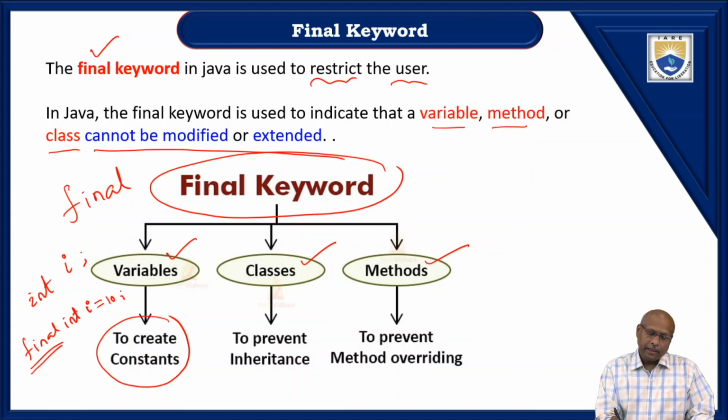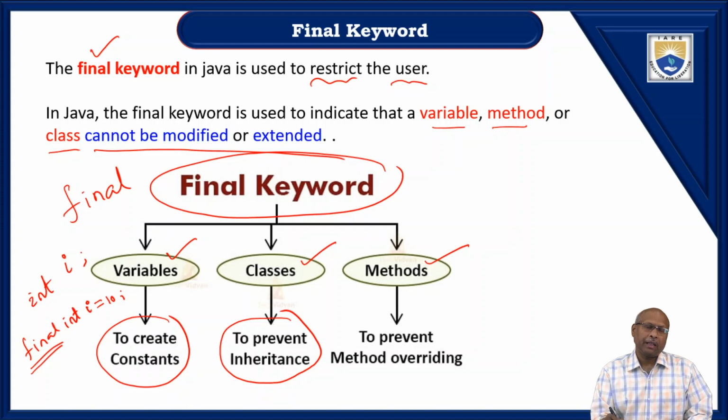Similarly, there is one more place where you can use final. If you write the final keyword before a class name, then the class becomes final. If the class is final, you cannot extend it, you cannot inherit from it. That means it prevents inheritance. So whenever you want to stop inheritance, you can use the final keyword before the class.